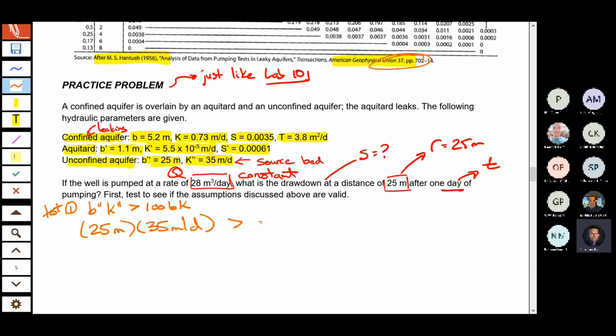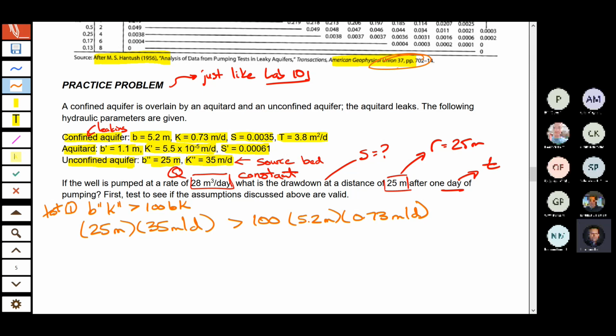Now, is that greater than 100 times B, where small b is 5.2 meters? Ooh, I hope it is. It's already a big number. Multiplied by K, the permeability of the confined aquifer, and that's 0.73 meters per day.